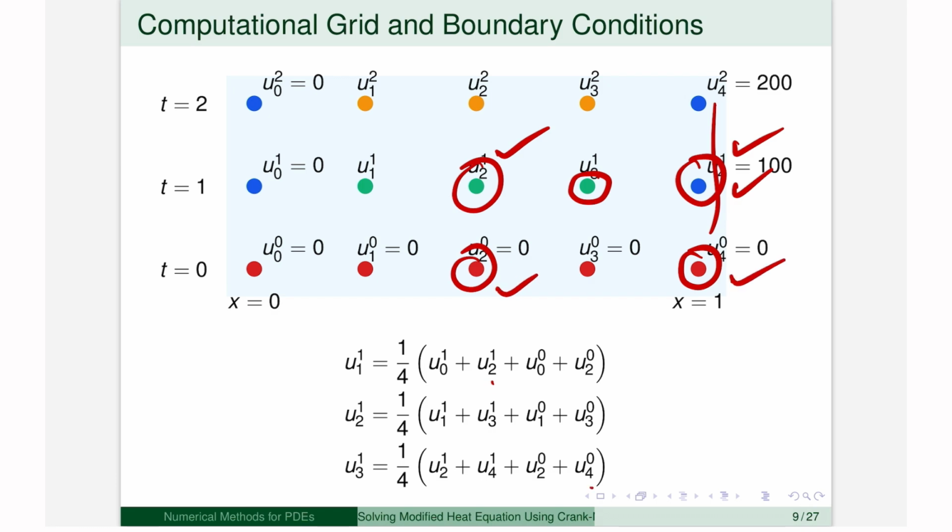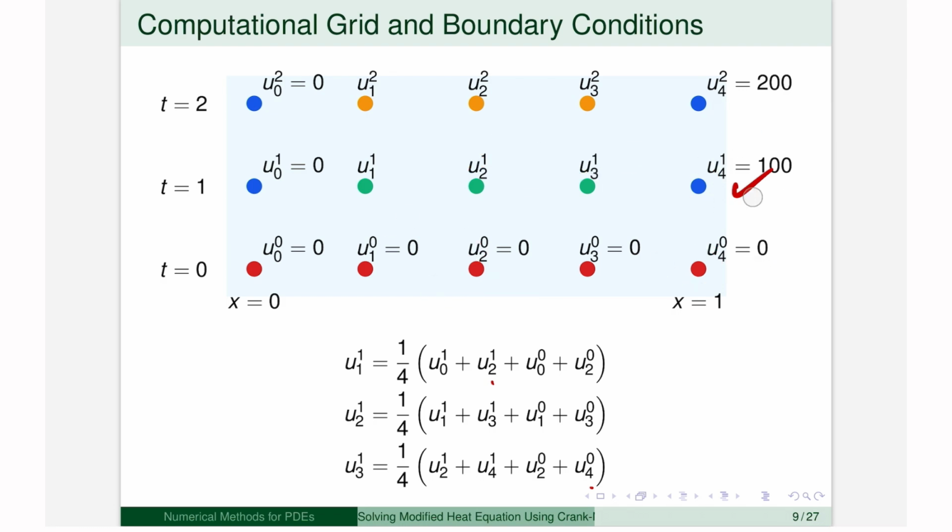If you see here, u01 is a boundary value that is already given, that is 0, and u00 is also 0, and u20 is also 0. Only u11 is 1/4 of u21, which we don't know. u01 is 0, and u30 is also 0.